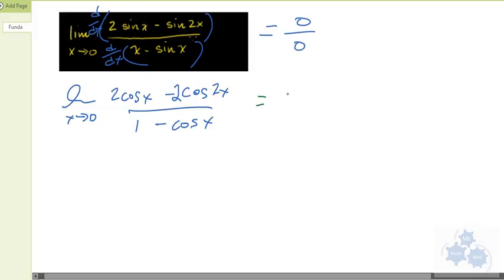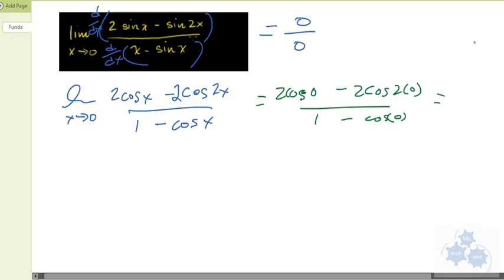We've got 2 cos 0, minus 2 cos of 2 times 0, all over 1 minus cos 0. So cos of 0 is 1, so that's 2 times 1. And cos of 2 times 0 is still cos 0, so that's 2 times 1. Then we have 1 minus 1. Whoa, what? We've got 2 minus 2 over 1 minus 1.